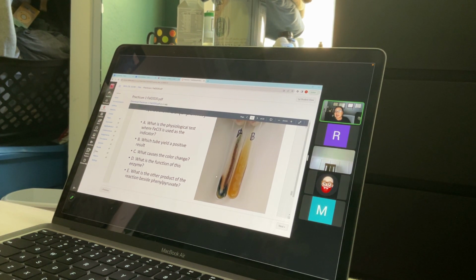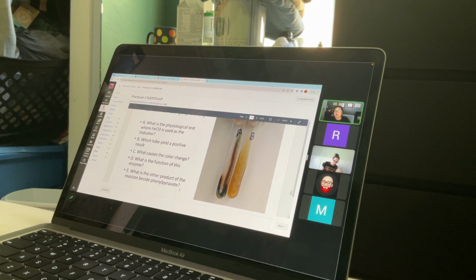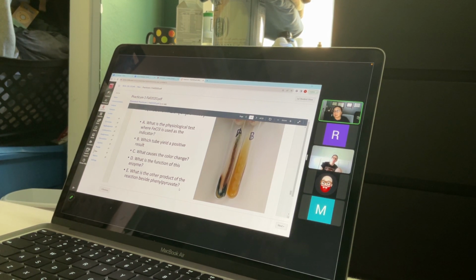And then what is the function of the enzyme? It's deaminase, so removing the amino group from the phenylalanine amino acid. What is the other product besides phenylpyruvic acid? Ammonium. Because once you remove ammonia, it's going to pick up a hydrogen and it becomes ammonium. That's the reaction that it does.